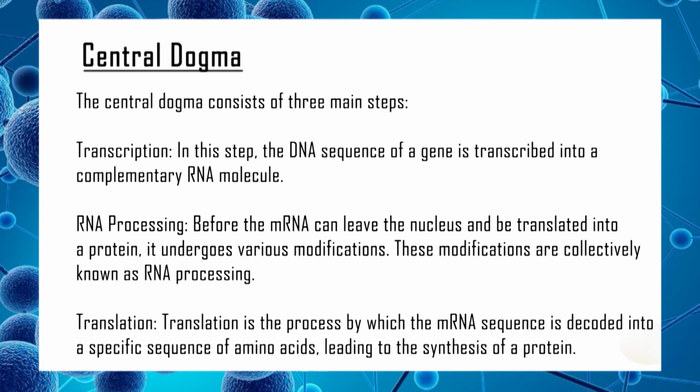The third step is translation. Translation is a process by which the mRNA sequence is decoded into a specific sequence of amino acids, leading to the synthesis of a protein. It occurs in a ribosome which reads the mRNA sequence in groups of 3 called codons.